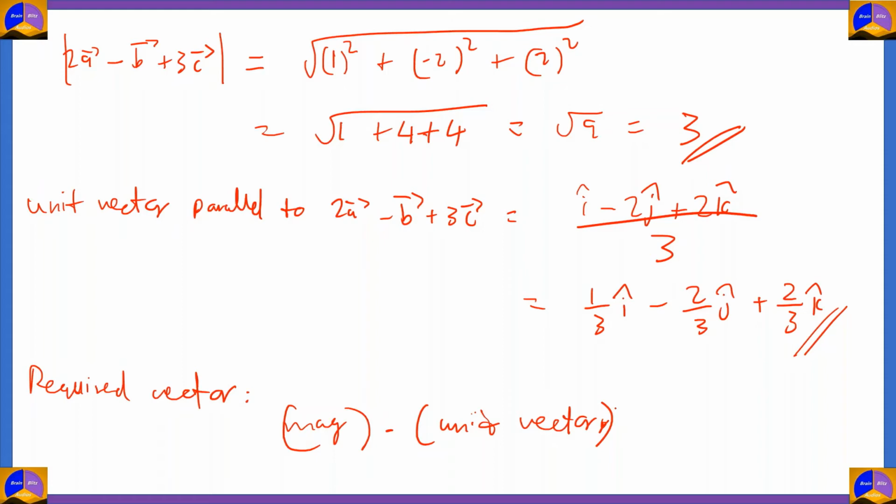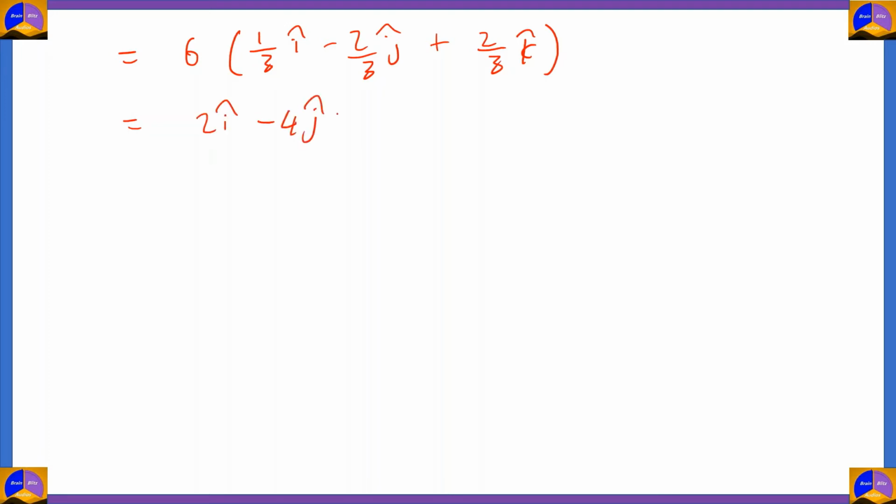And its magnitude, according to the question, is 6. So here it is, our required vector: 6 times 1 by 3 i minus 2 by 3 j plus 2 by 3 k. And 3 divides 6 2 times, so that gives you 2i cap minus 4j cap plus 4k cap.